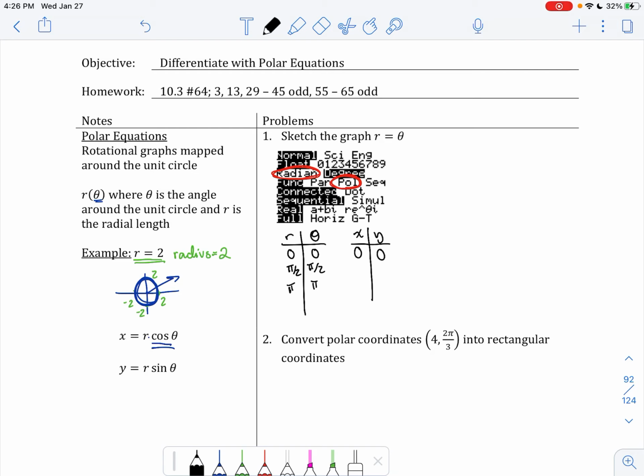If you remember, cosine of pi over 2 is 0. And here we have y equal to pi over 2 times sine of pi over 2, which is 1. Right here we would have negative pi, 0. If we kept going around, we'd have 0, 3 pi over 2, and then 2 pi, 0.